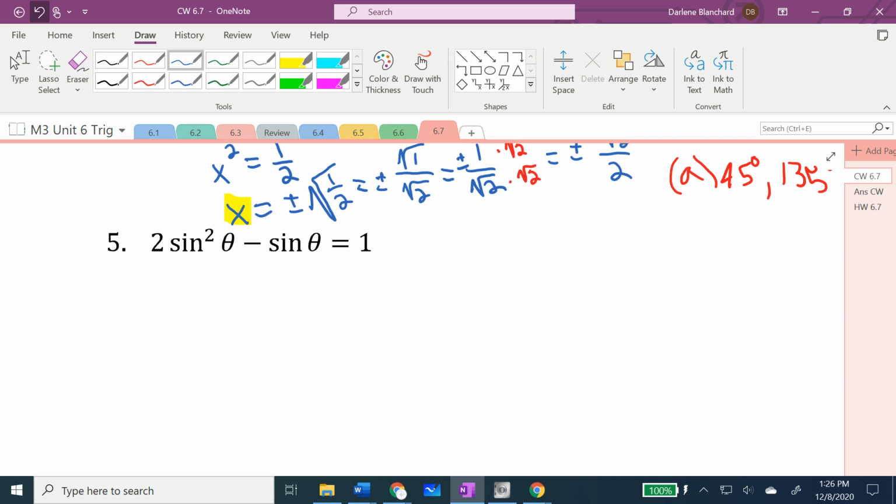It helps to use the letter Y to represent sine theta because it keeps reinforcing the issue that the Y coordinate is the same thing as sine theta. This is extremely, extremely important to get a hold of.